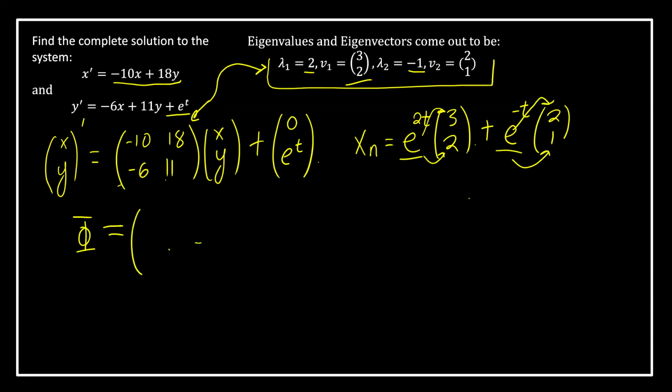So it's going to be 3e to the 2t and 2e to the 2t, and 2e to the minus t and e to the minus t. Does everyone see how I set that up?